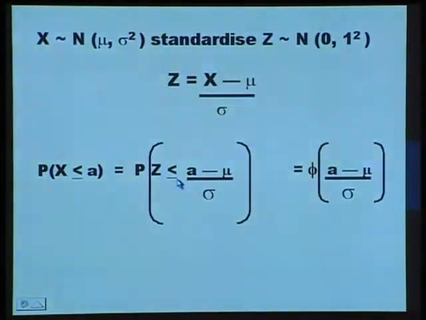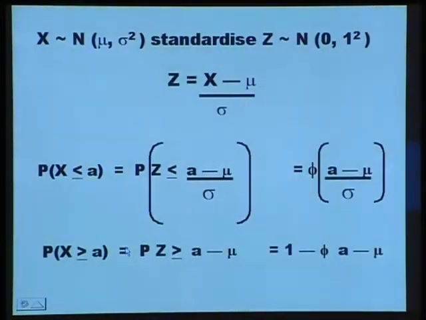And in terms of phi, since we have less than or equal to, it is simply phi. Phi can be found from the standard normal table.